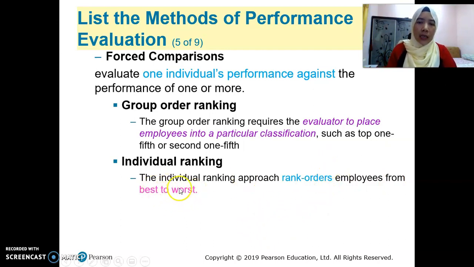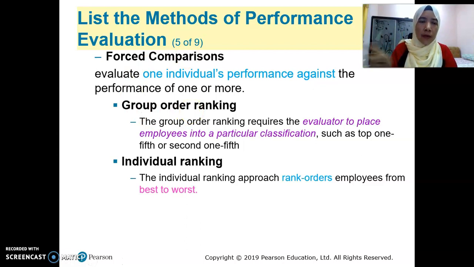Individual ranking is ranking employees in order. The manager or evaluator will put them from best to worst. For example, if this employee falls under best or worst, or in between, they will put them there. Group ranking, they will provide specific numbers for the group.